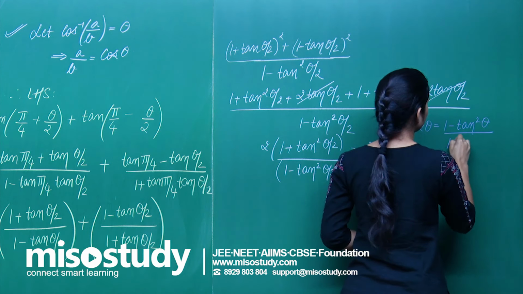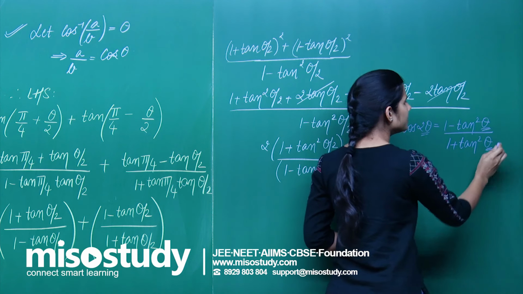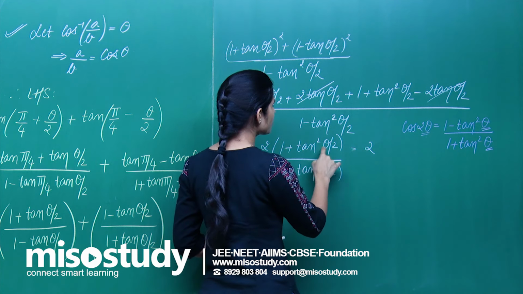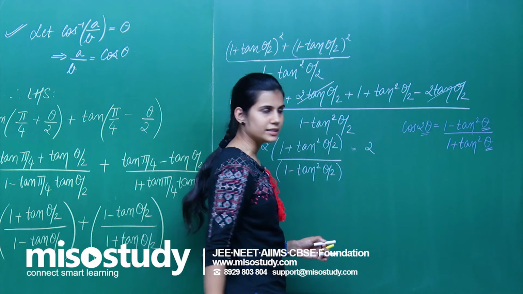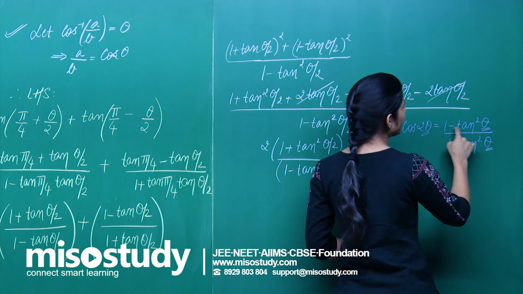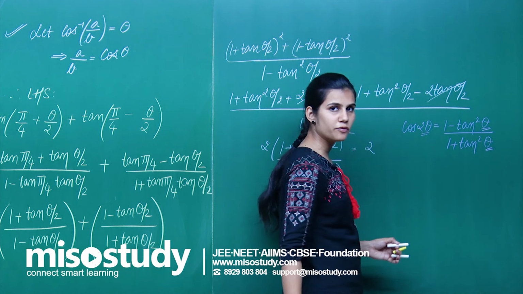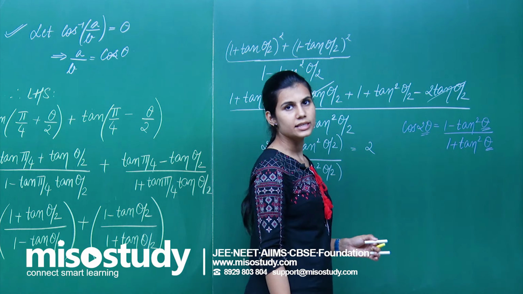Basically the thing to be noticed is that if here it is 2 theta, here it is half of 2 theta, which is theta. So if here it will be theta, here it will be theta by 2. I am right now having 1 plus tan square theta by 2 upon 1 minus tan square theta by 2. Here if it was 1 minus tan square theta by 2 upon 1 plus tan square theta by 2, I would have got cos of twice of theta by 2, which is cos theta. And therefore this turns out to be twice of, this is actually reciprocal of 1 minus tan square theta by 2 upon 1 plus tan square theta by 2.